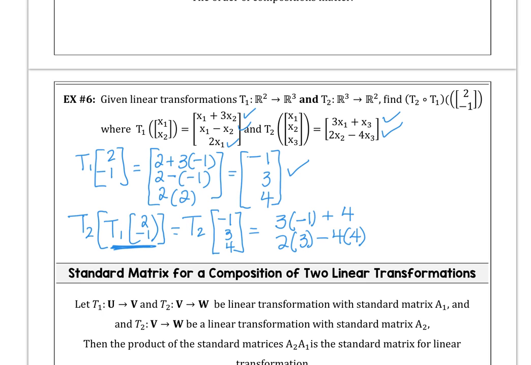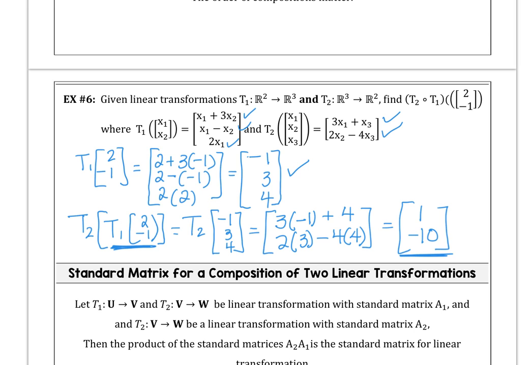Following this rule, what does that give us? 1, -10. So the composition of T2 composed with T1 using the vector (2, -1) maps to (1, -10).